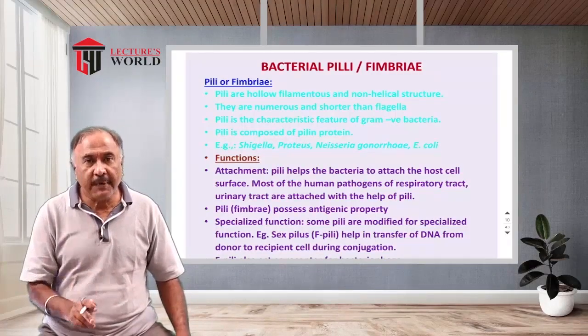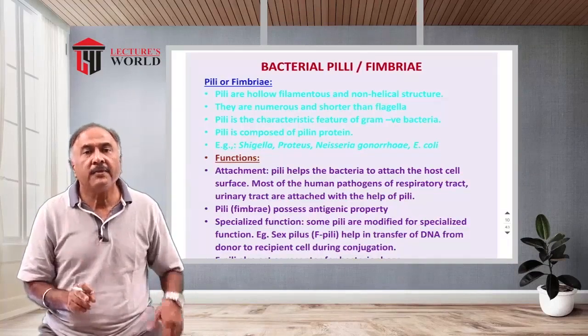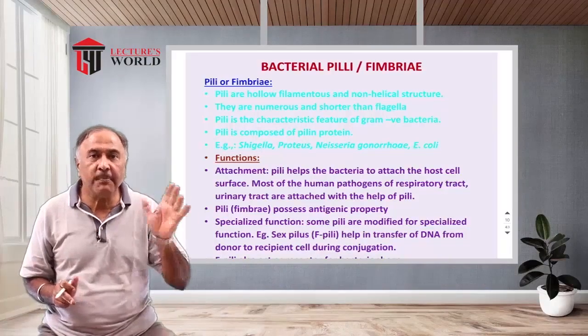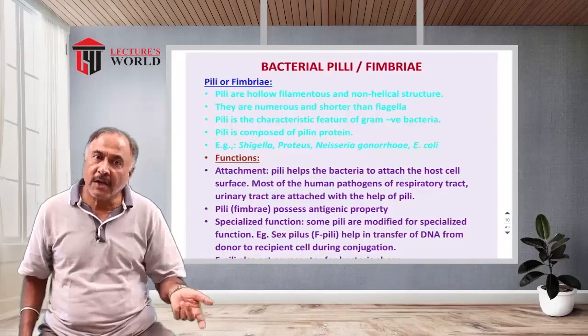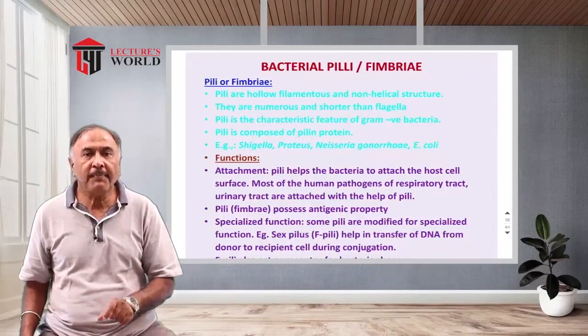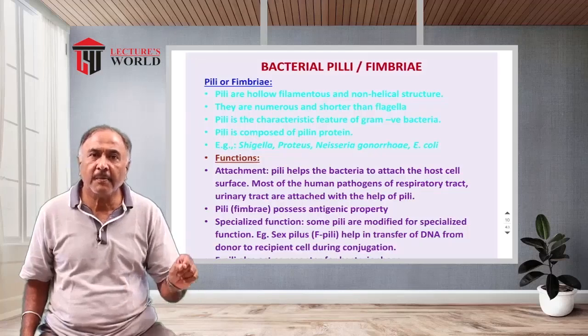Remember, these pili are straight needle-like structures made from a protein known as pilin protein. In case of flagella, the protein was known as flagellin. Here it is a pilin protein which makes bacterial pili.